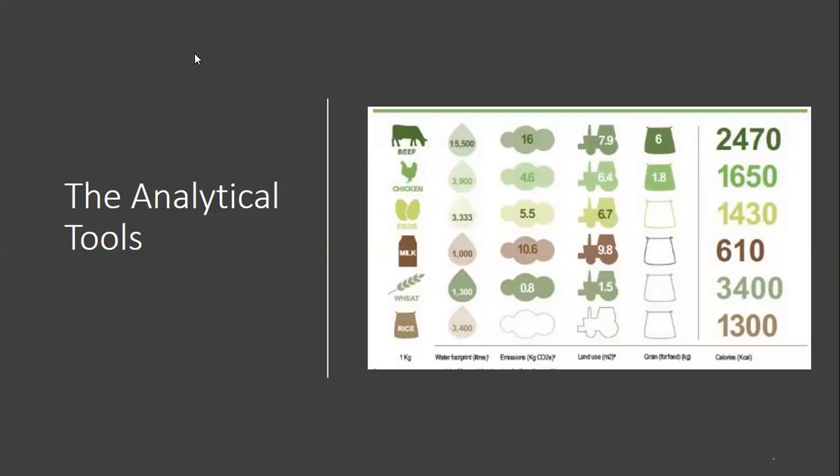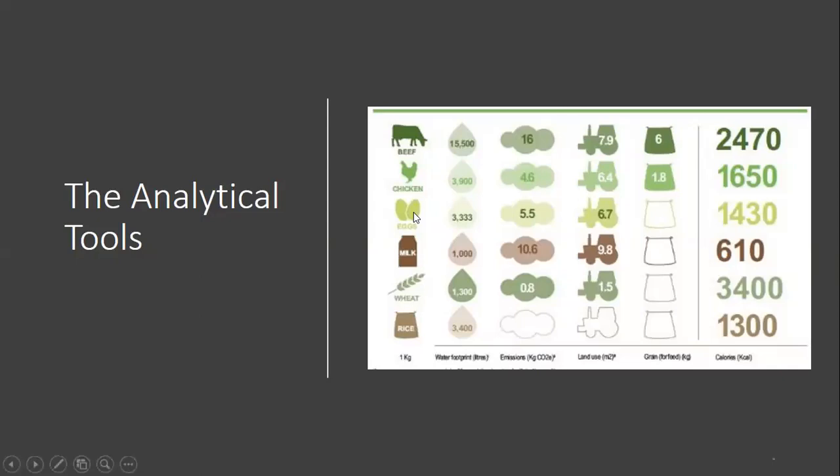One that I think people are more familiar with is on the emissions targets and what is within required limits. Another example of a tool that assesses efficiency is land use, the land productivity. Another one is based on grain, whether it's fortified or not. And the final one is on what calories are produced.